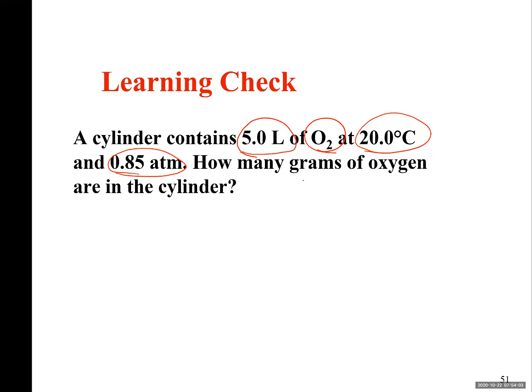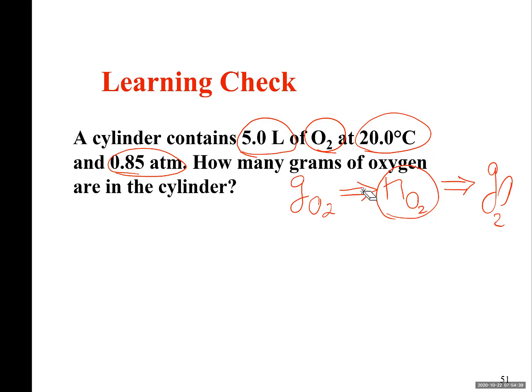Do you remember that we already know from chapter 6 that if I give you grams of oxygen, you can easily convert that to moles of oxygen, or you can convert the mass of any substance to its number of moles once you know the molar mass. So if I need to calculate grams, can I calculate the number of moles? Once I have calculated the number of moles, I can go to grams of oxygen, yes or no? So the solution to this problem is to find the number of moles of oxygen.